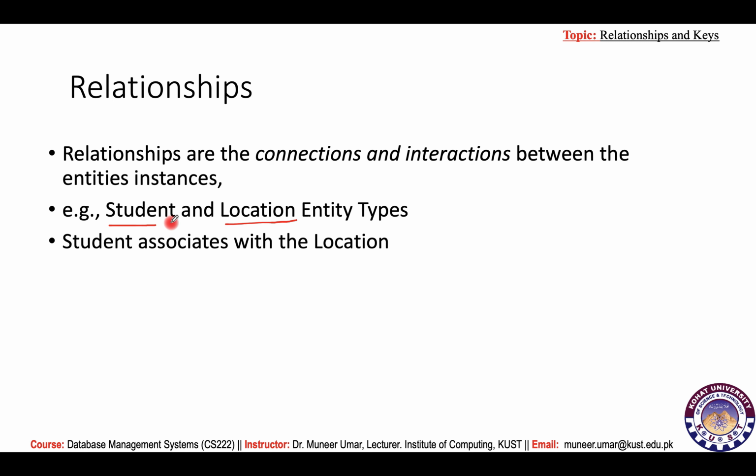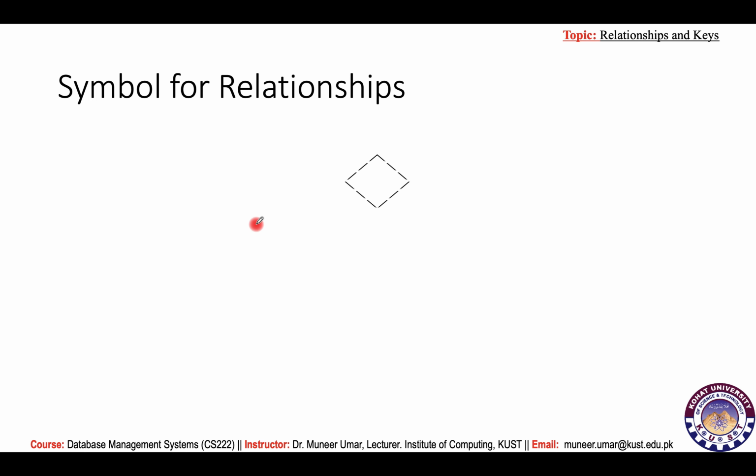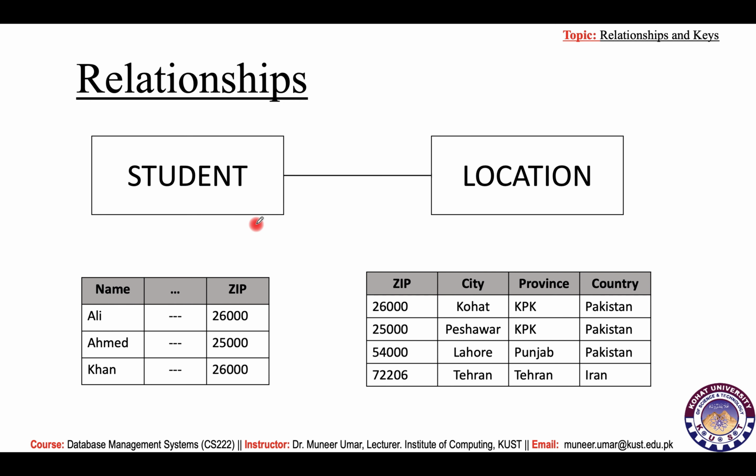The instances of student are connected with the instances of location. If you look into these two tables, the instances here are connected with the instances of this table. So this association is known as a relationship.